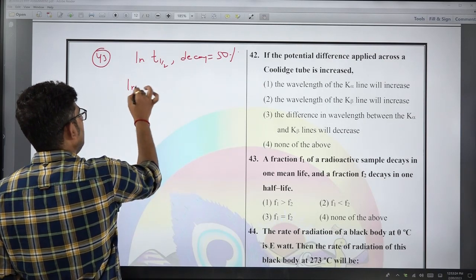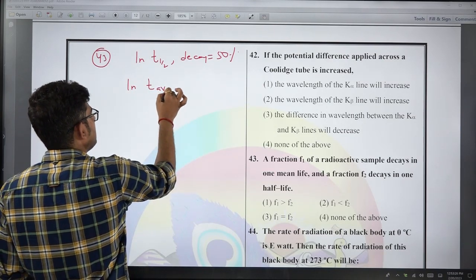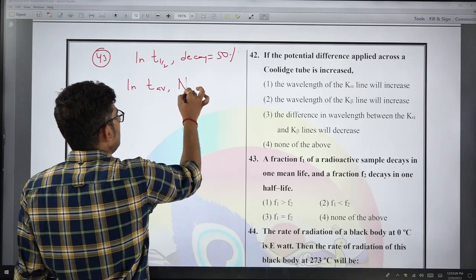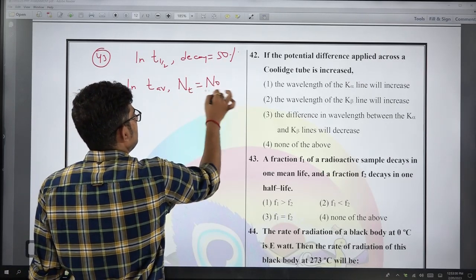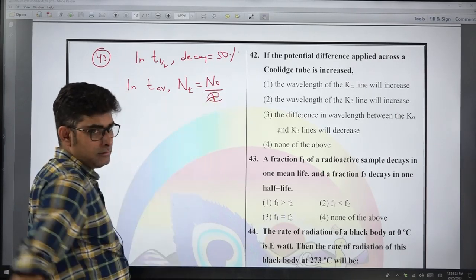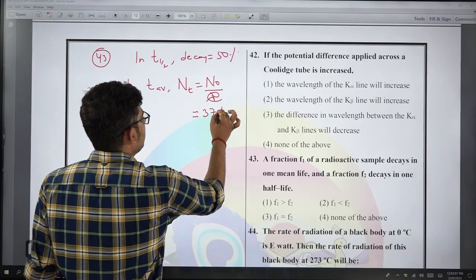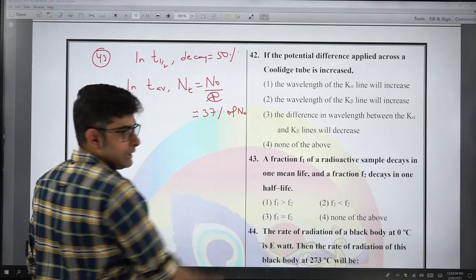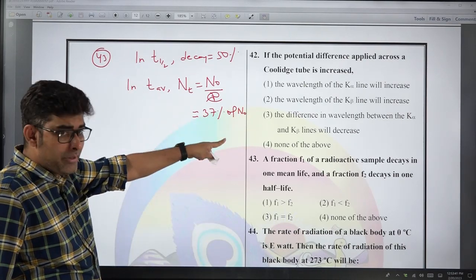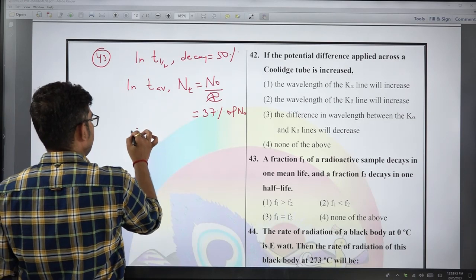And in average life, we know N(t) becomes N naught by e, which means approximately 37% of N naught. So 37% remains.